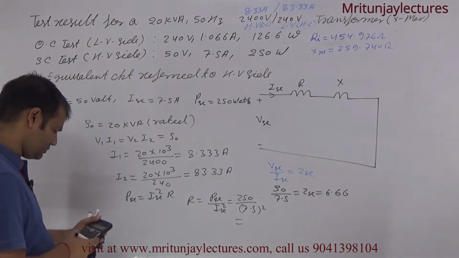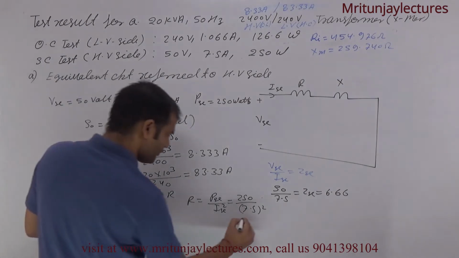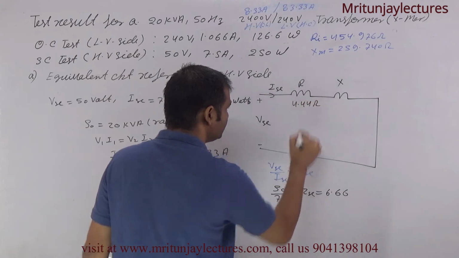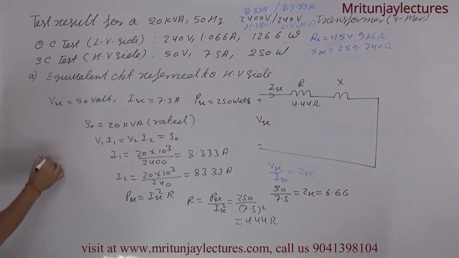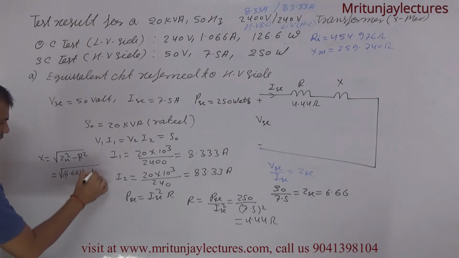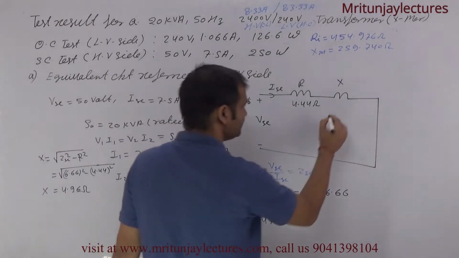That gives 4.44 ohm. X is equal to the square root of 6.66 whole square minus 4.44 whole square, that is 4.96 ohm.